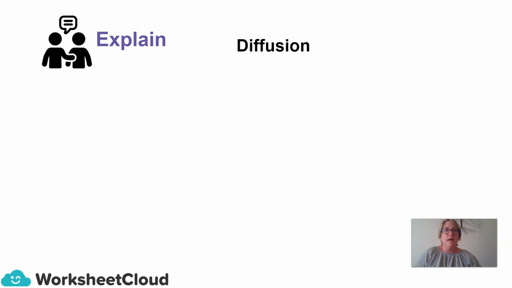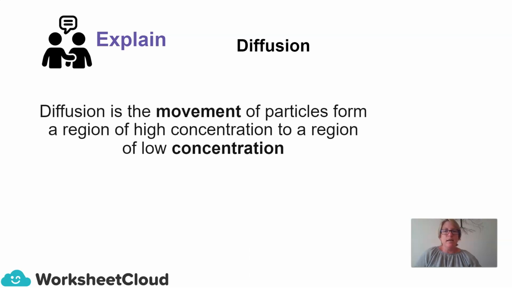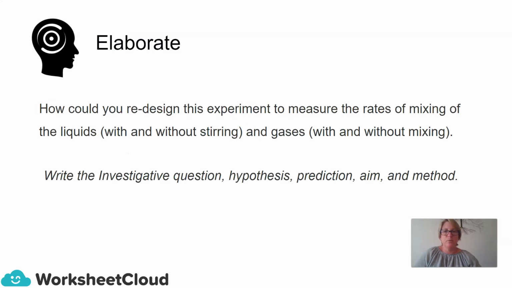Then just an explanation of the content that was involved in today's lesson. Diffusion is the movement of particles from a region of high concentration to a region of low concentration. So if we want to elaborate on today's activity, what you can do now is how could you redesign this experiment to measure the rates of mixing of liquids with and without stirring?